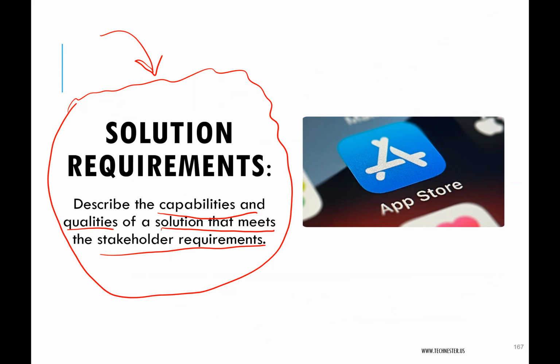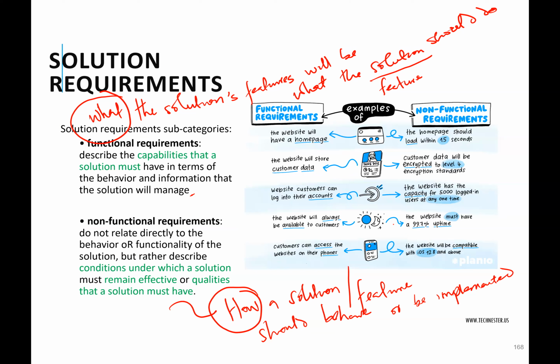Those solution requirements can be of two types: functional and non-functional. Functional requirements talk about what the solution's features will be, or what the solution or feature should do. Non-functional requirements talk about how the solution or feature should do it, or how it should be implemented.